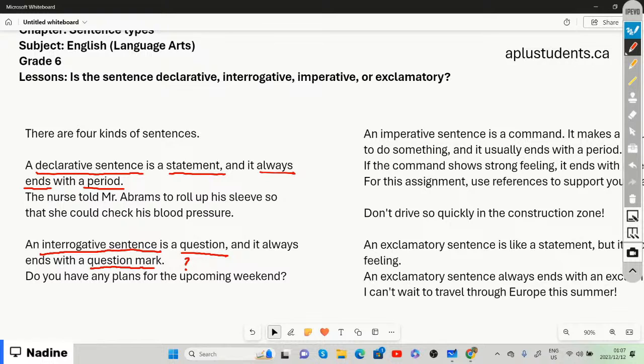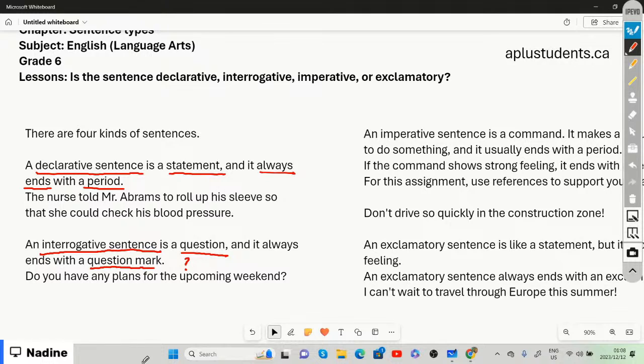An example of an interrogative sentence: Do you have any plans for the upcoming weekend? You are either going to answer, yes, I do have plans, or no, I don't have any plans.